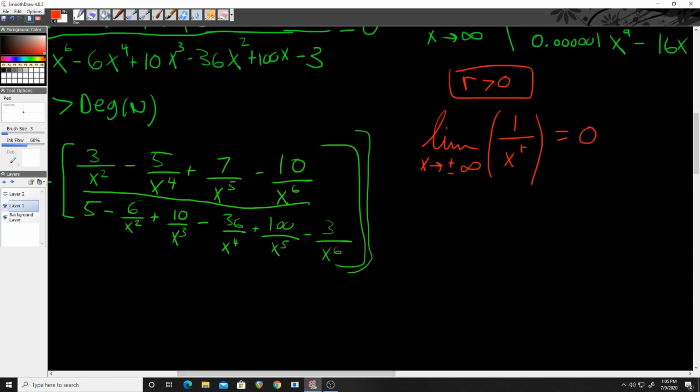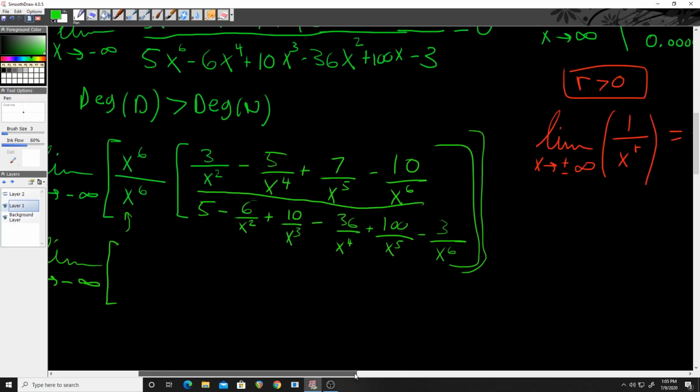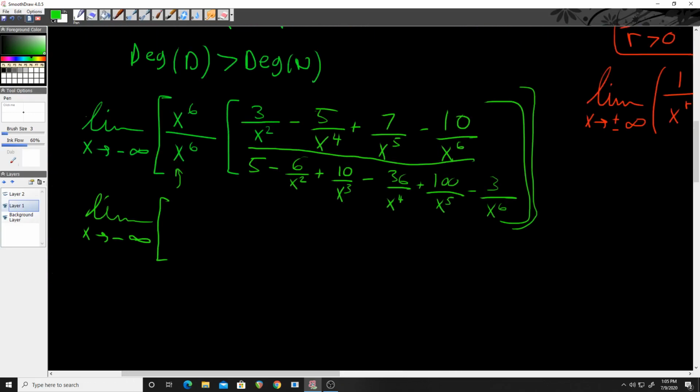Okay, so this is what we're going to use. Let's use that over and over and over again here. Okay, so again, x to the 6 over itself is 1. And now let's look here. Here, this is like 3 times 1 over x to the r. Here r is 2.